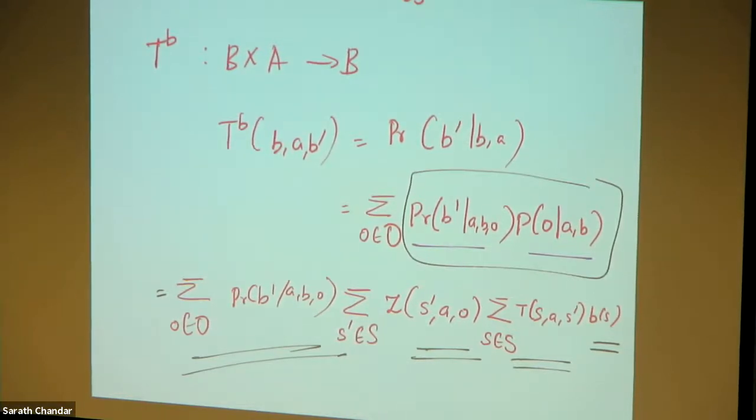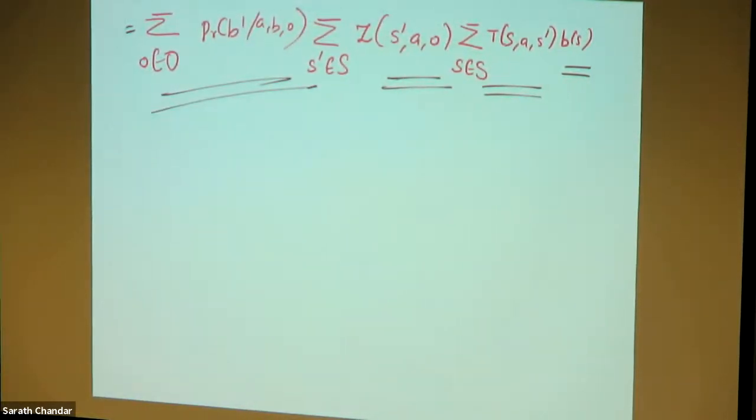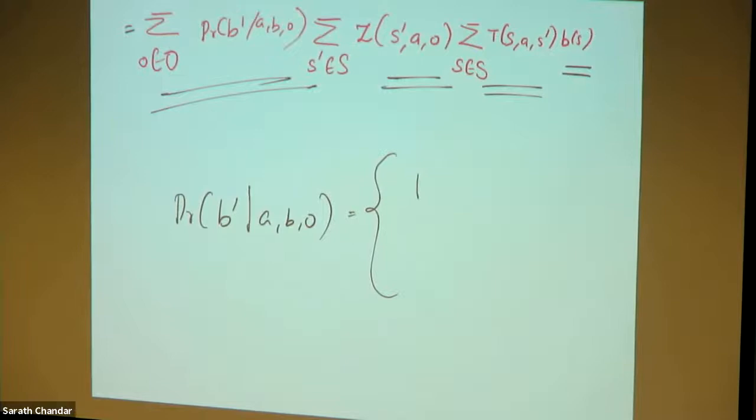This update is defined as, let me go to the next page. Now this probability of B dash given A, B, O is going to be 1 if B^O_A is equal to, I'll tell you what B^O_A is, and 0 otherwise.